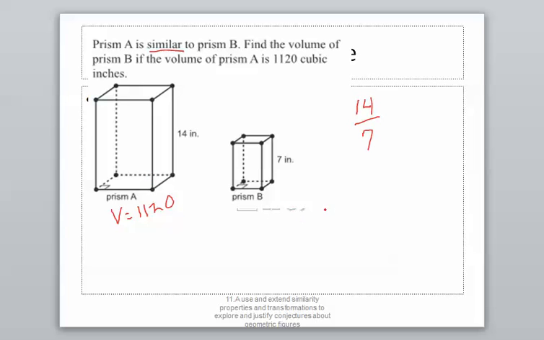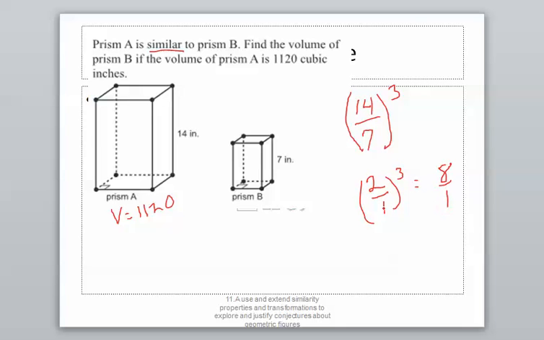We're going to multiply this times itself 3 times, or 14 over 7 cubed. Well, 14 over 7 can be reduced. I don't like dealing with huge numbers. 2 over 1 cubed, which is going to be 8 over 1.